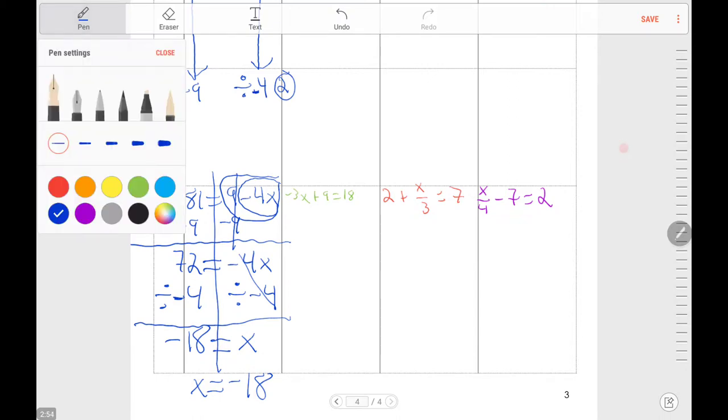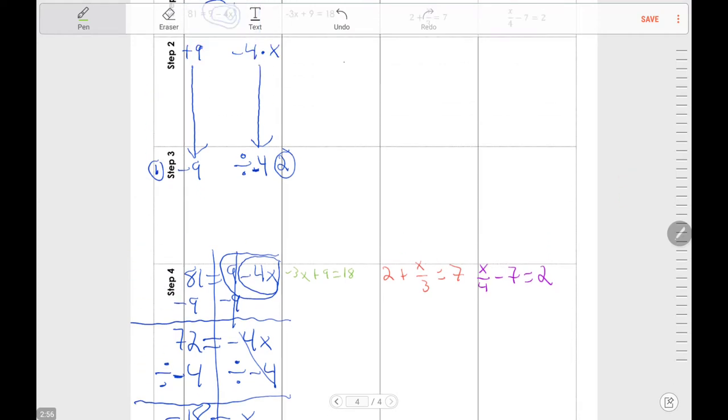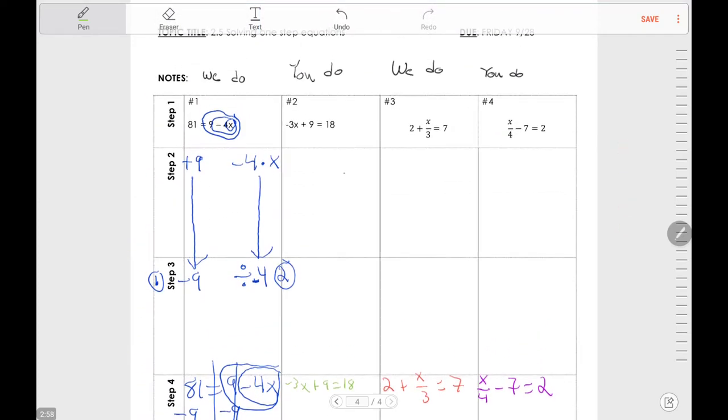Let's get on with this. Let's do the next one, but you're going to do more of that. This is for you to do. So first step is, well, I'll do this part for you. I'll tell you that we're looking for the x. I'll tell you it's being multiplied by a -3, and again we're adding 9. So why don't you take a little moment and write out the operations.